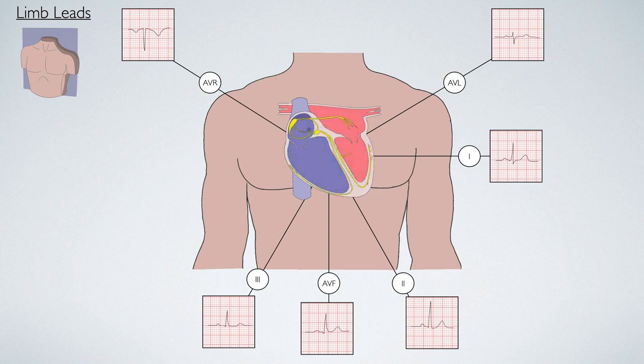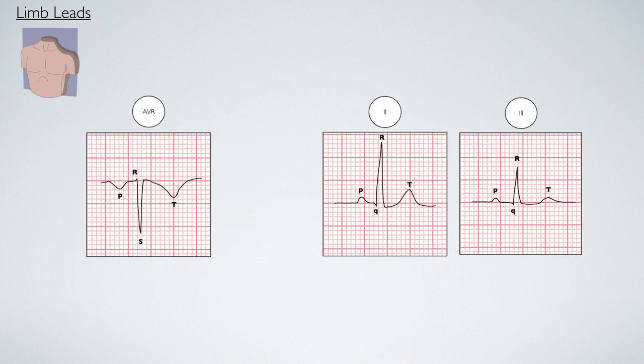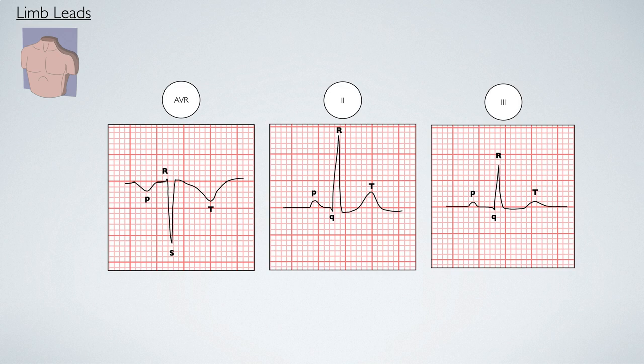Let's take a closer look now at the outputs of the limb leads. You'll notice that again we have P, QRS complexes and T waves in effectively all leads, but there are variations again in the QRS complex shape. In AVR, you'll note that most of the waves here are negative.